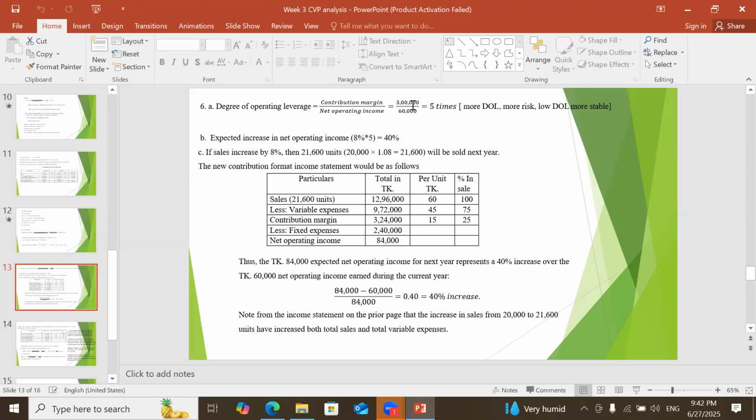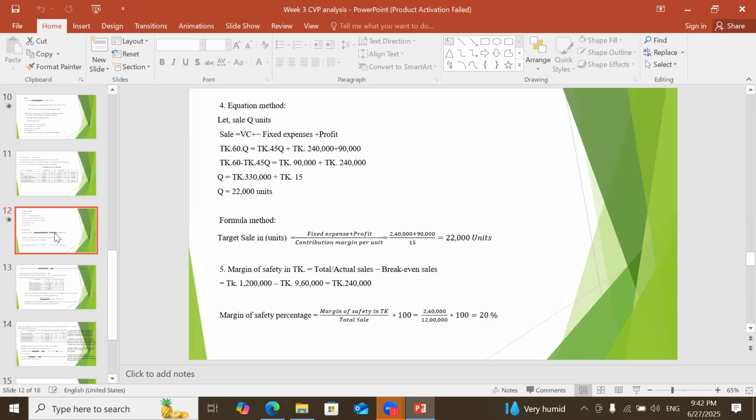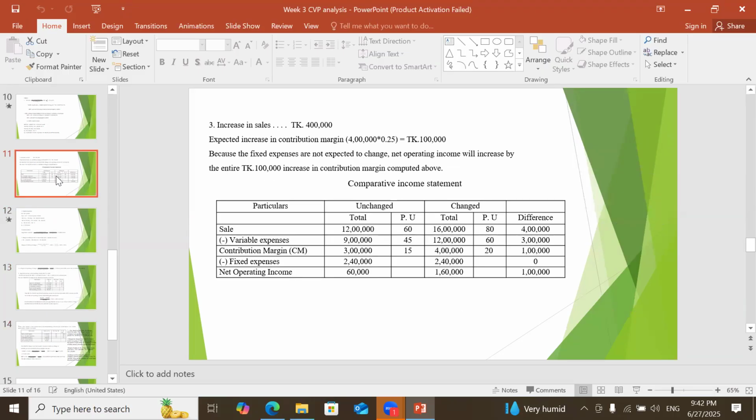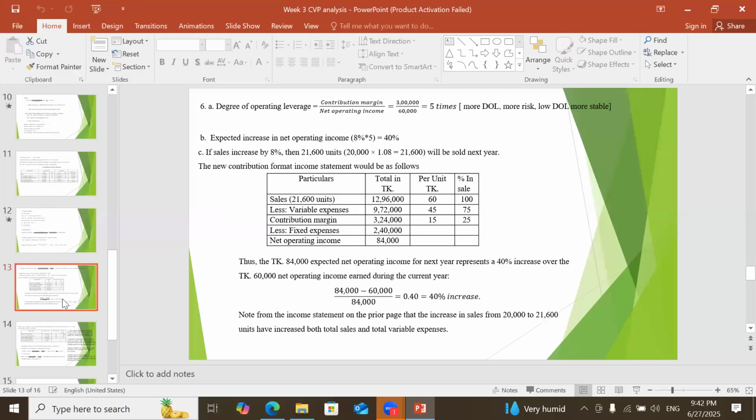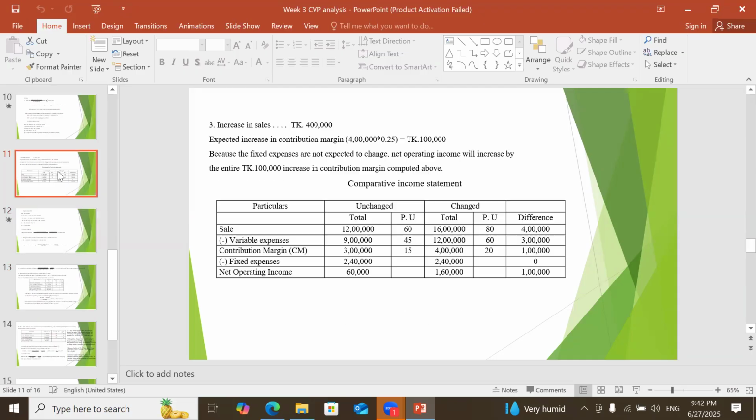Okay, 3 lakh contribution margin. Go to the previous slide. This is the original figure: 6 lakh net operating income, and the contribution margin is 3 lakh.